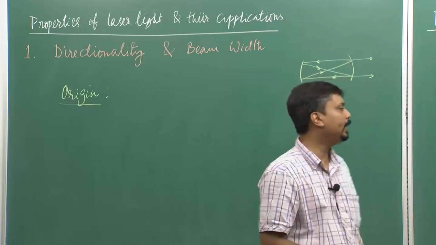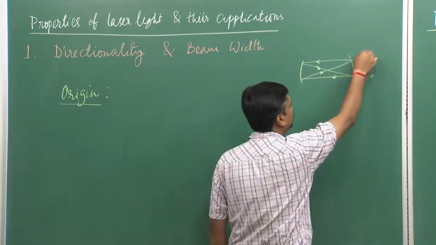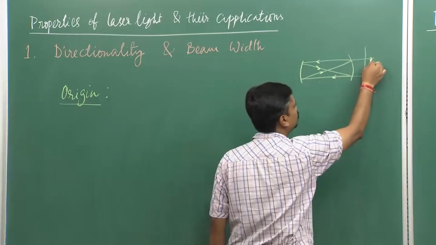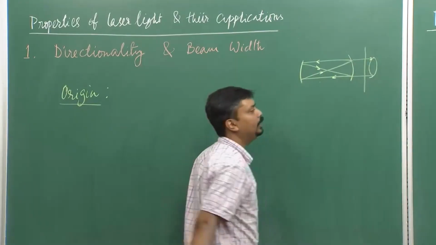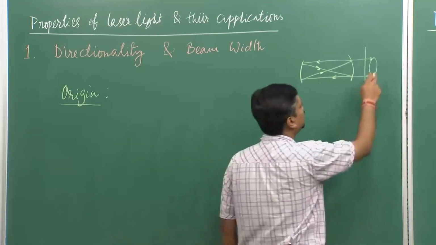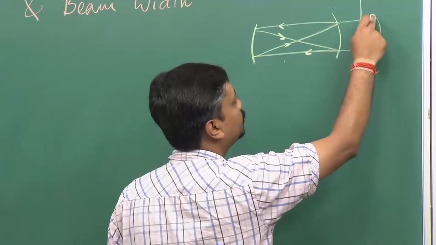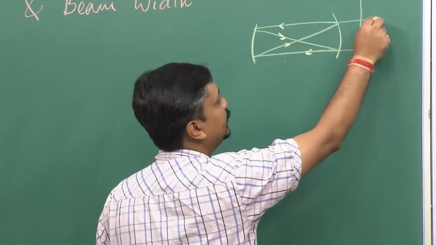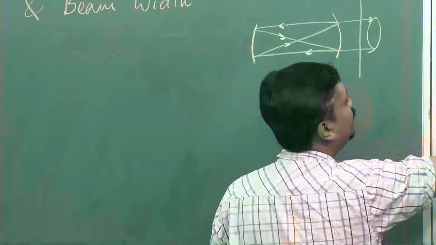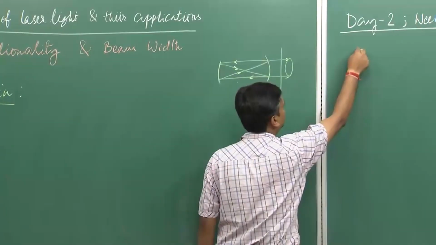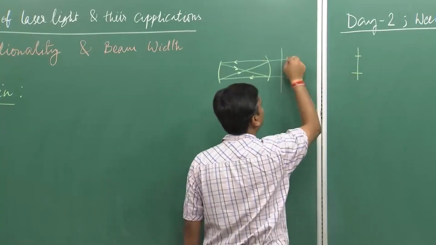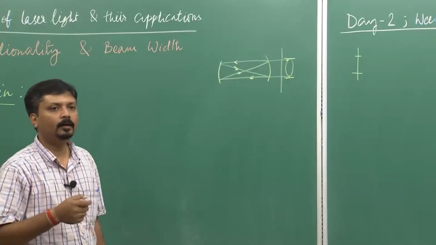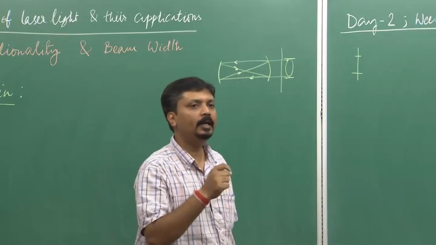If I take a cross section of this beam here, and another cross section far away, I will see that this length is pretty much the same. That means it is pretty much like a beam.